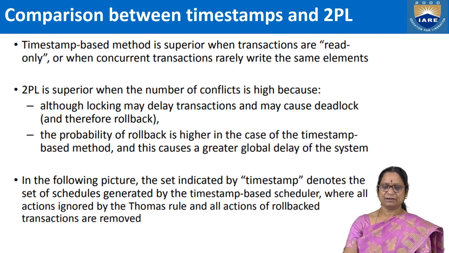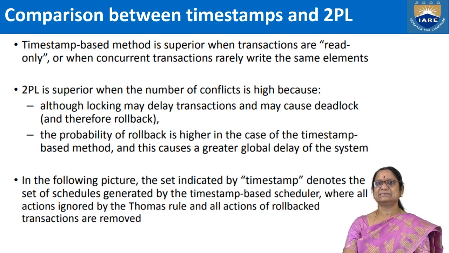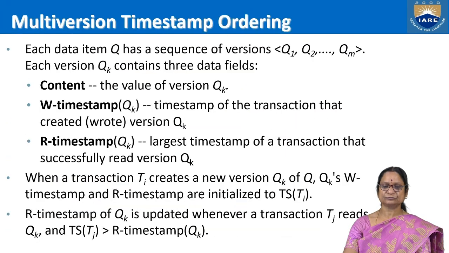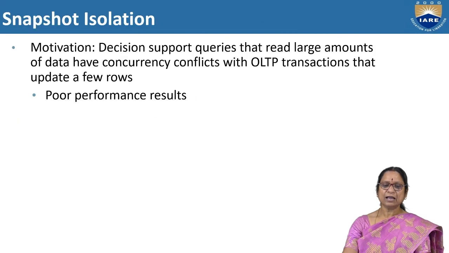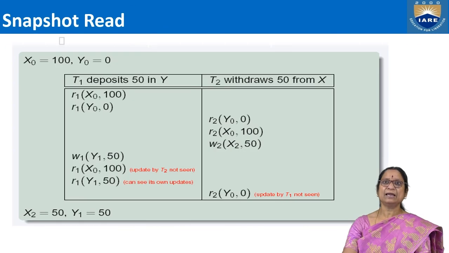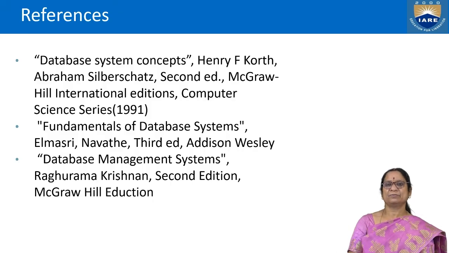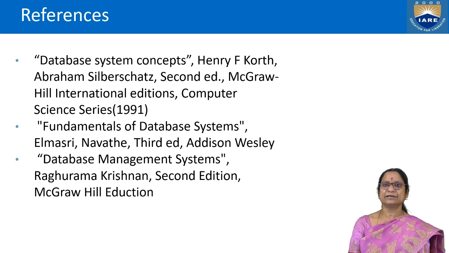The following, as indicated by timestamp, denotes the set of schedules generated by the timestamp based scheduler, where all actions ignored by the Thomas rule and all actions are rolled back, transactions are. And we discussed already about multi versions, the multi versions of concurrent transactions.